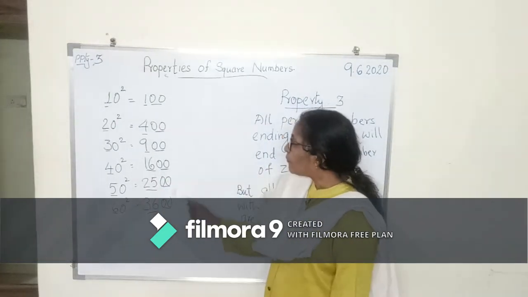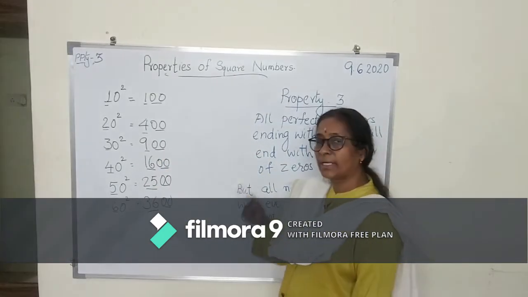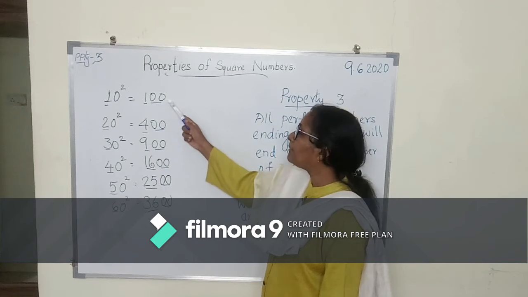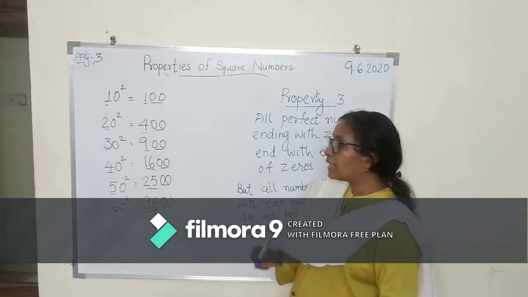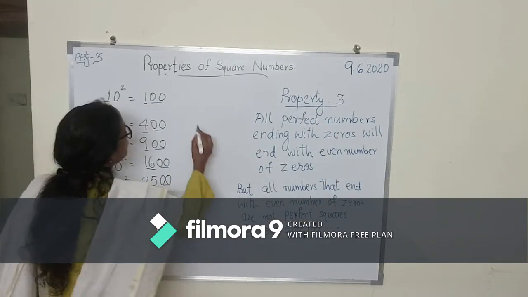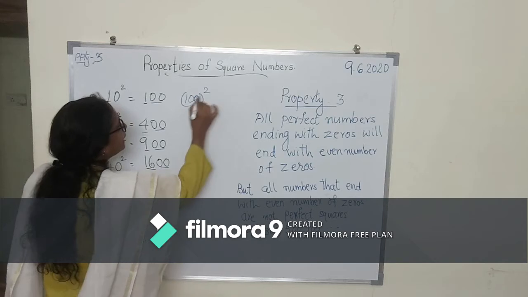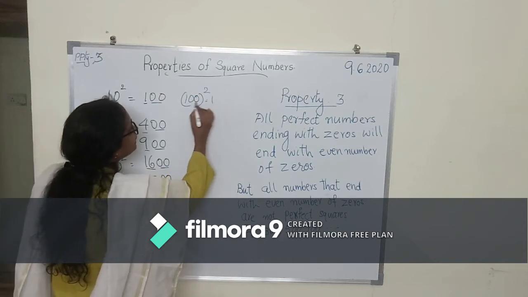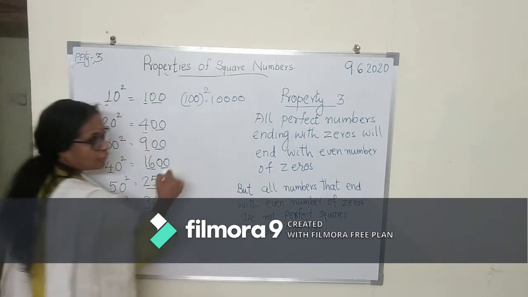Like this, for every number that ends with 0, if you find the square, it will have an even number of zeros. Now for example, if you find the square of 100, what is the square of 100? 1 one is 1 and in place of 2 zeros, here we will have 4 zeros.